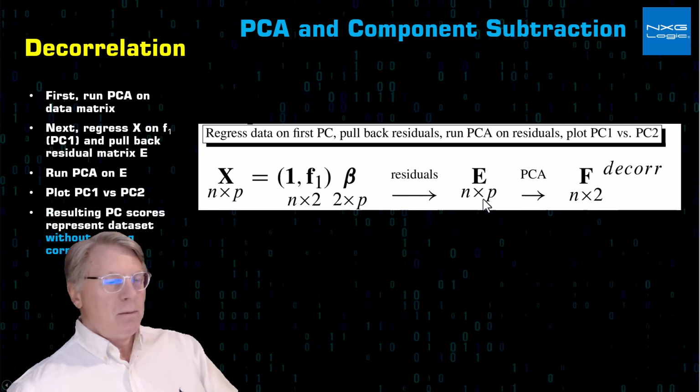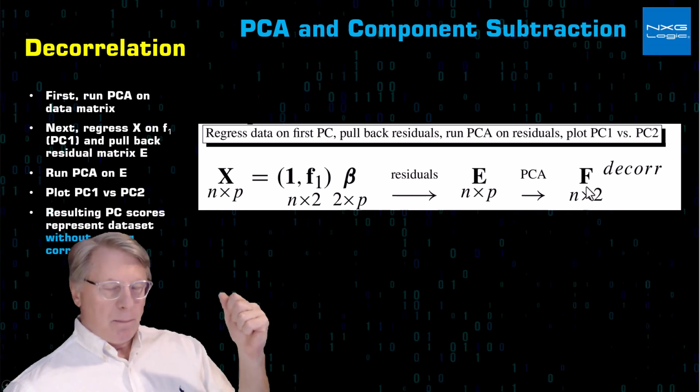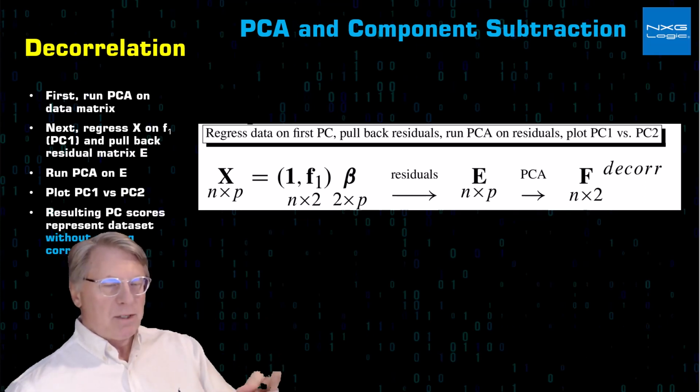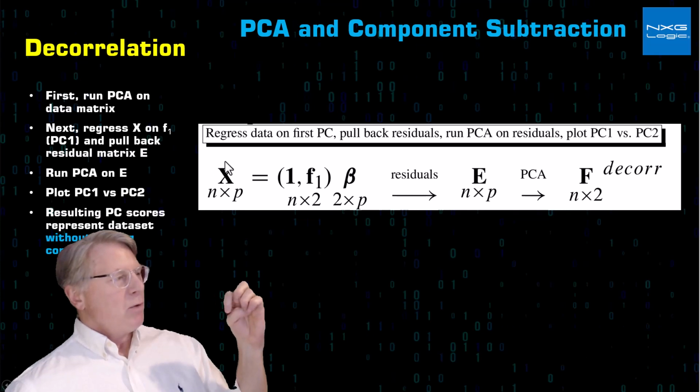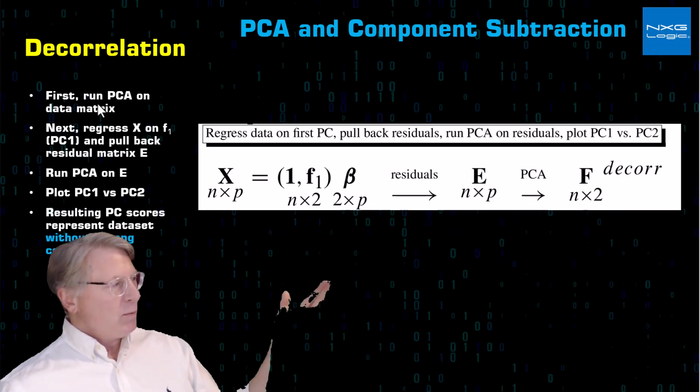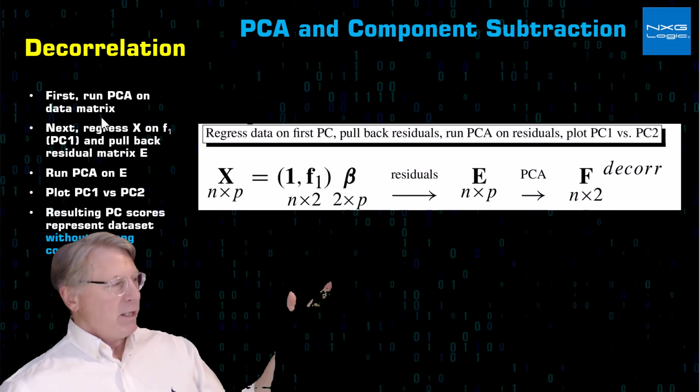And now you run PCA on the residuals, and then you use these principal coefficients, the vectors in the principal coefficient vector. So again, quickly, you run principal components on the data matrix.